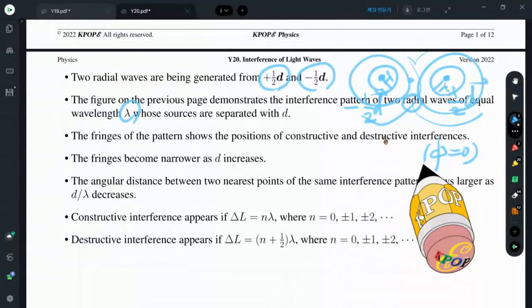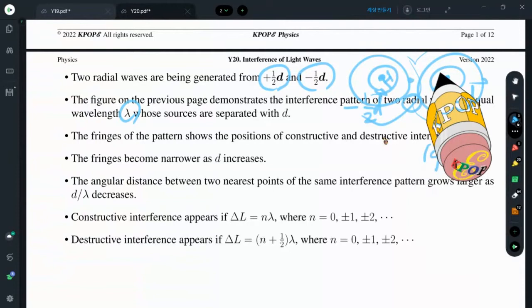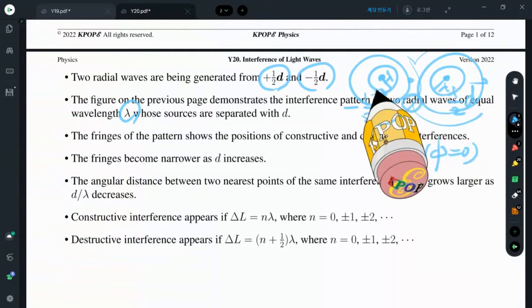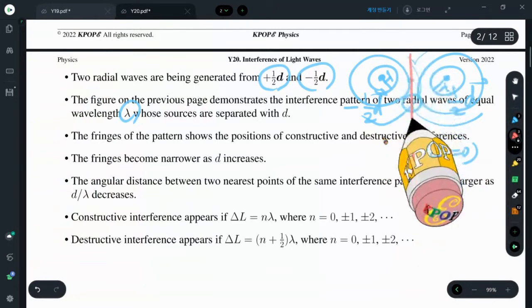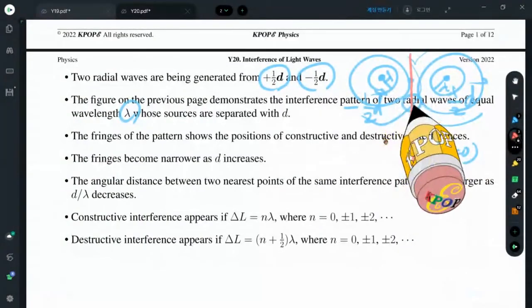However, even though they are generating the same type of wave simultaneously, only in the middle are they always in phase.